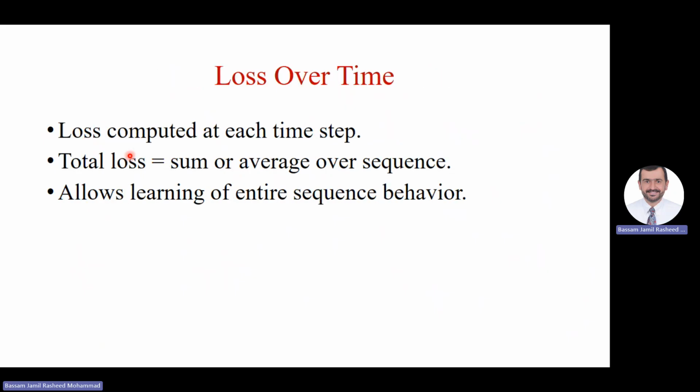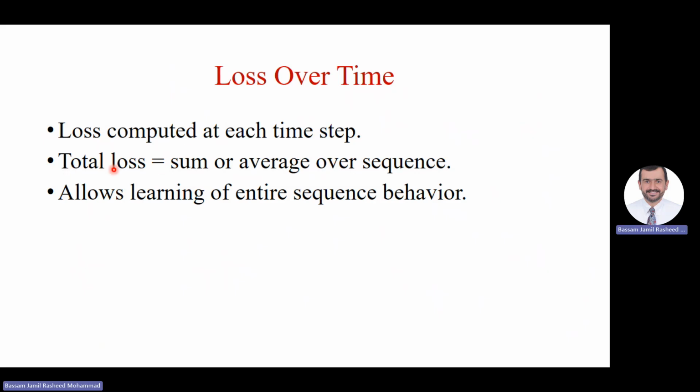In terms of the loss function, you compute the loss at each step, and then you compute the total loss, which is the sum or the average over the entire sequence, the sequence that you care about. Say maybe your sequence is 3 items, so you have to sum or average the loss through those 3 items.